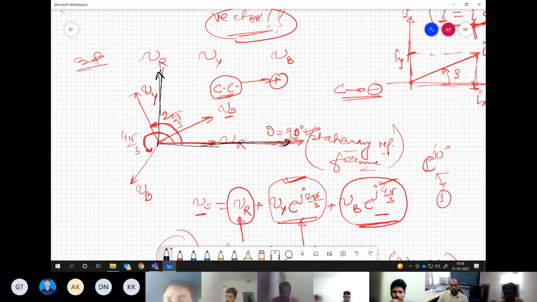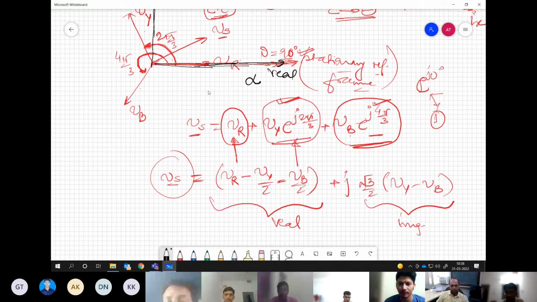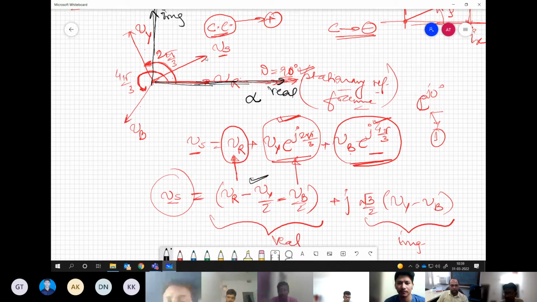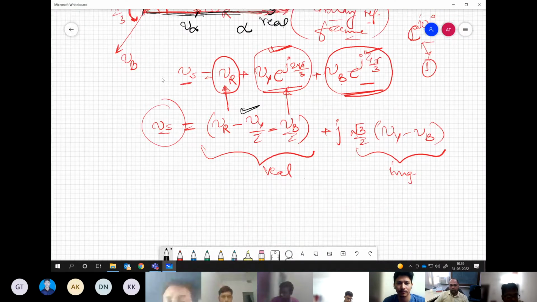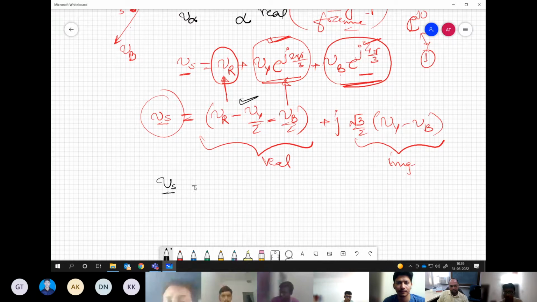The one along Vr forms the real axis, also called alpha, and the other is the imaginary axis, also called beta. The real component is the projection of Vs on the alpha axis, called V alpha, and the projection of Vs on the imaginary axis is V beta. So we can write the same vector Vs as V alpha plus jV beta.